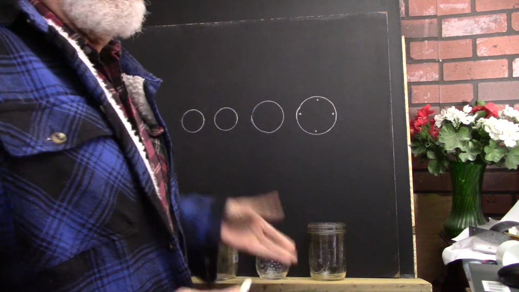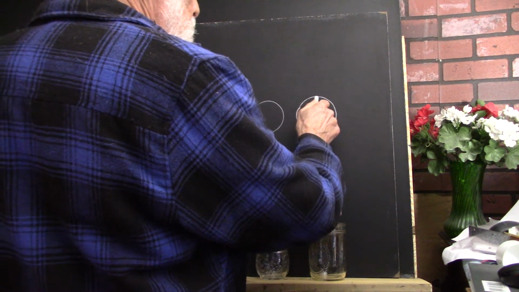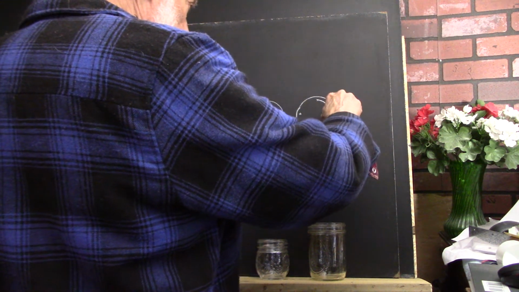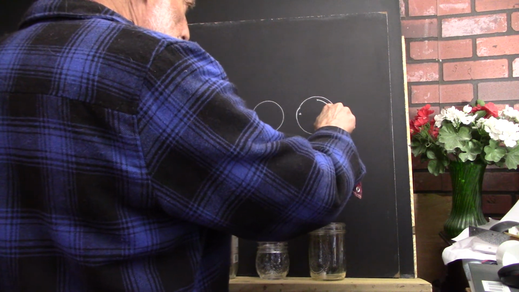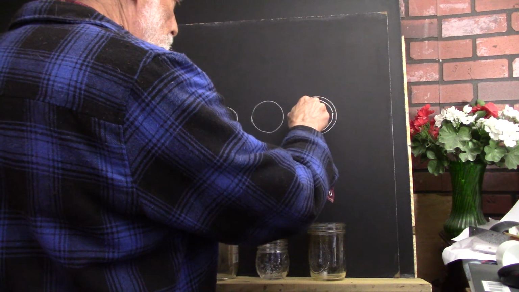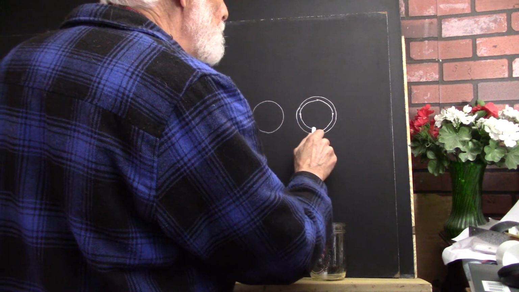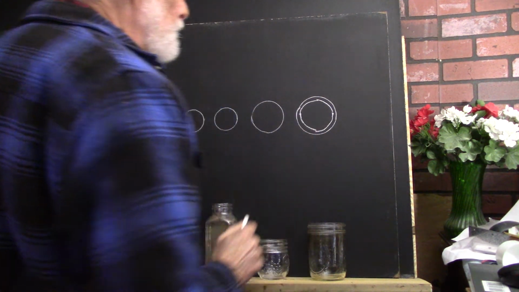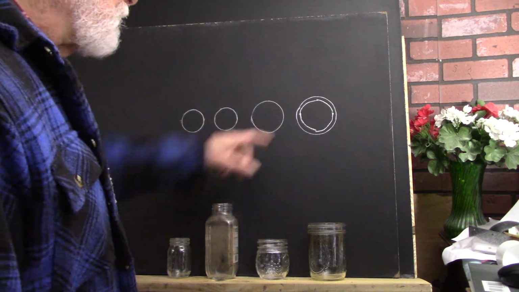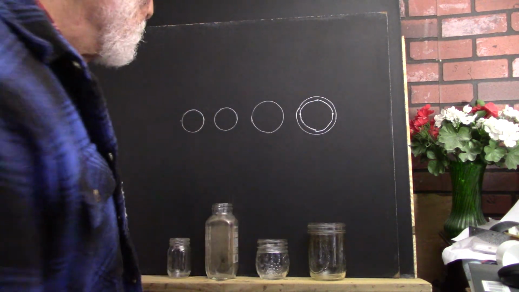Okay, so our pictures on the board are not totally accurate, but I should be able to draw a pretty good circle here, since I've got the outside circle as a template. Not too bad, but not too good either. Okay, maybe this is the inner measure of the circle. Maybe this would give us a pretty good idea of what the inner diameter is.